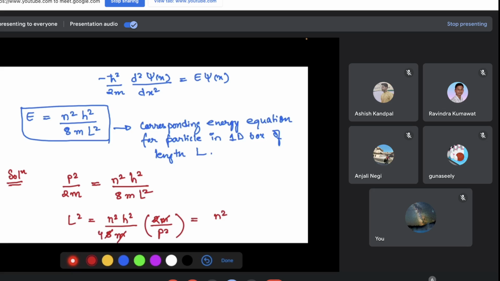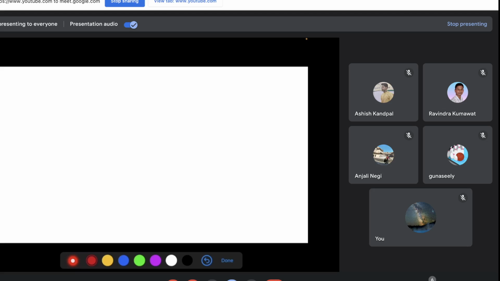So this will give me, okay, and yes, so my L will become m h upon 2p, and from de Broglie we know that lambda is equal to h upon p.